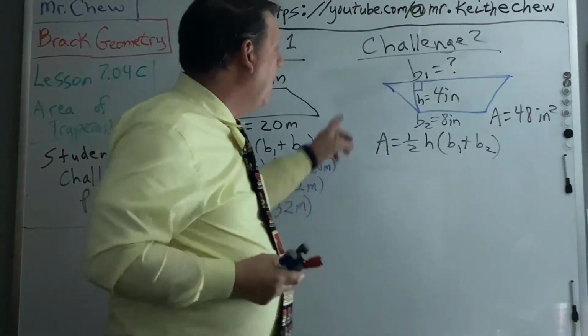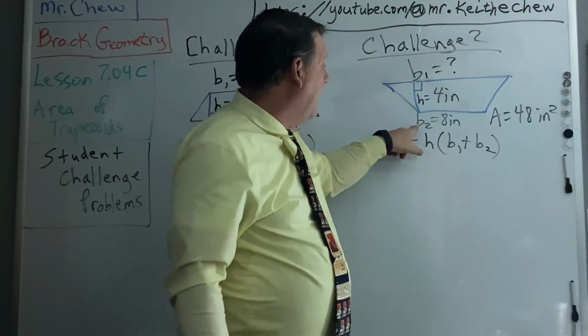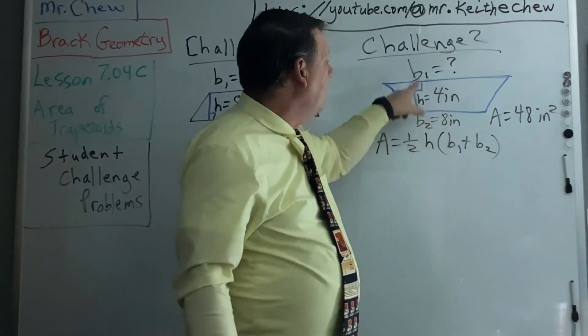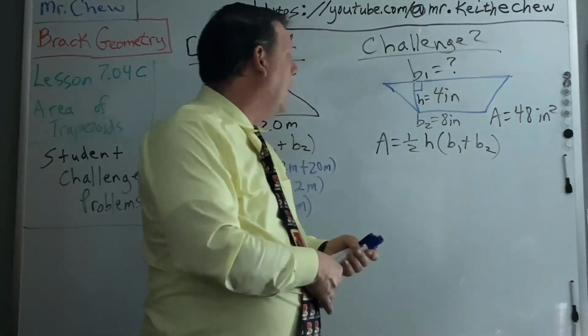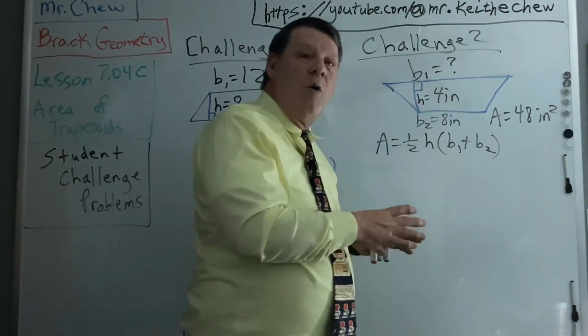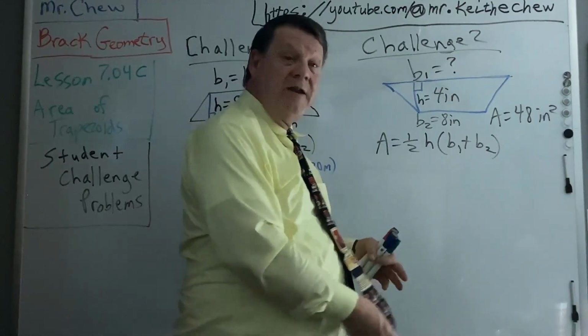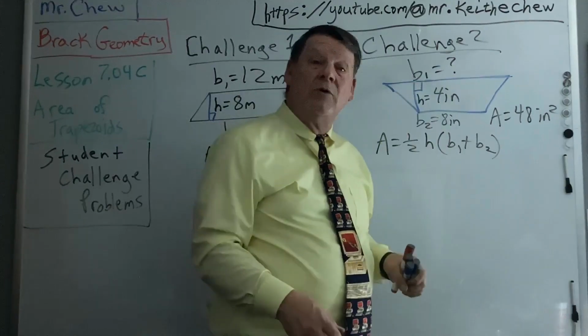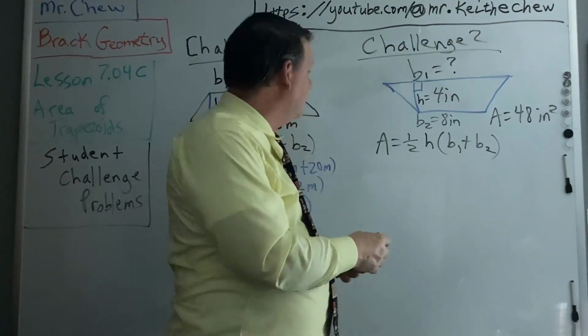It says now we have a trapezoid. I don't know what the top base is, but I know the bottom base is 8 inches, the height is 4 inches, and the total area is 48 inches squared. So I can substitute all of these into the equation and then use algebra to find what B1 equals, solving the equation step by step using inverse operations.